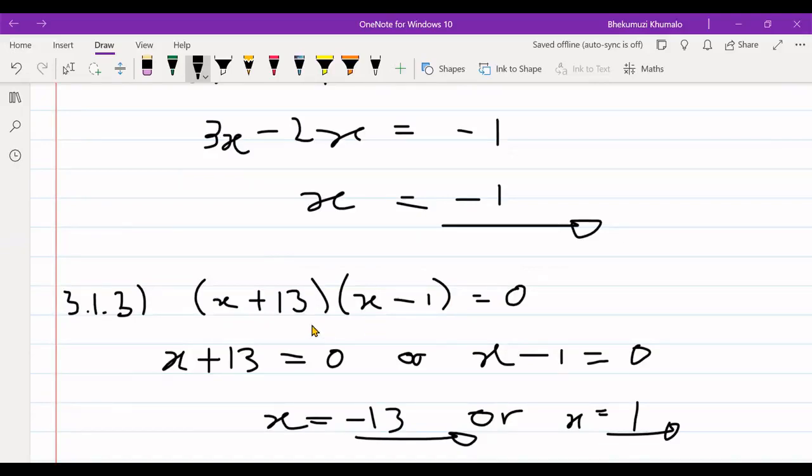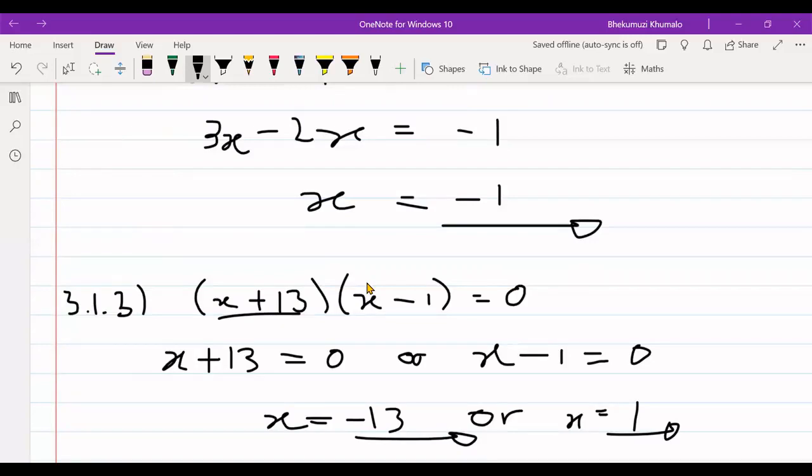So that's why we take each one and equate it to 0, because one of the two has to be equal to 0 when we are multiplying two numbers together. Whichever number you could think of, 1 times 0 is 0, 10,000 times 0 is 0, or 0 times 10,000, in whichever order.